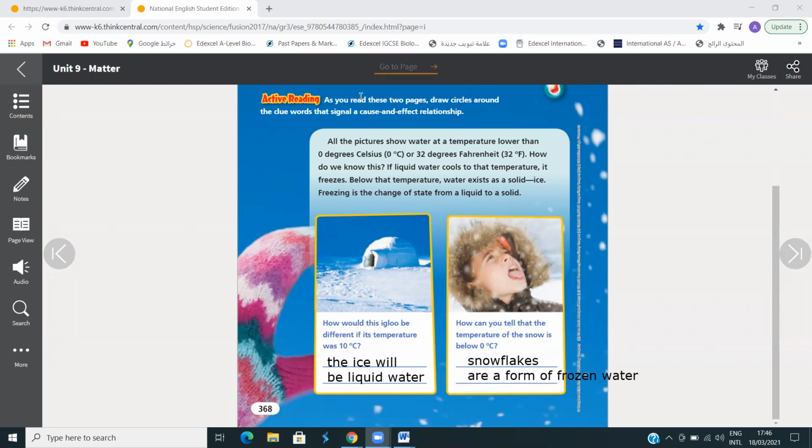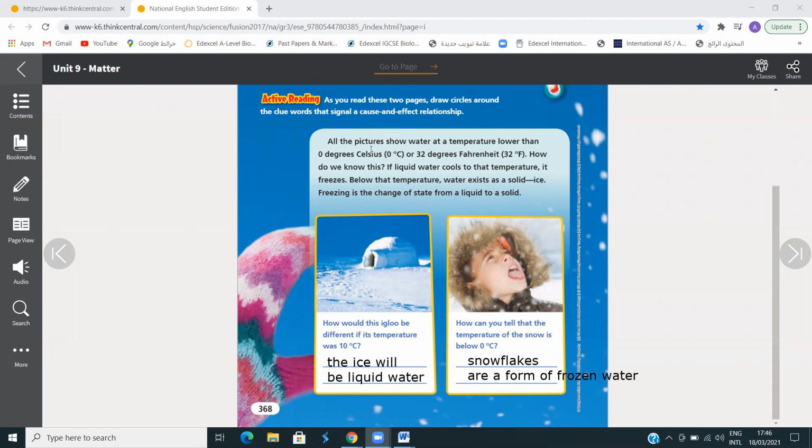Okay, my students, if you cool something, if you make freezing, it will change by cooling from liquid to solid. Inshallah, we finish just this page today, page 368 about cooling.